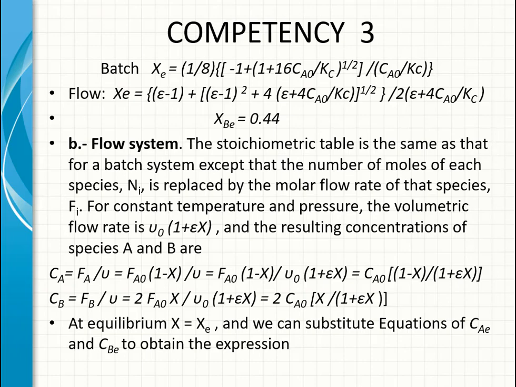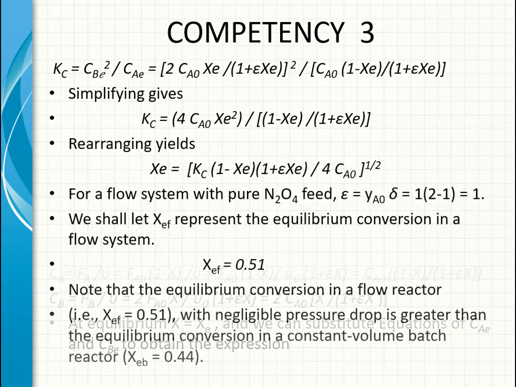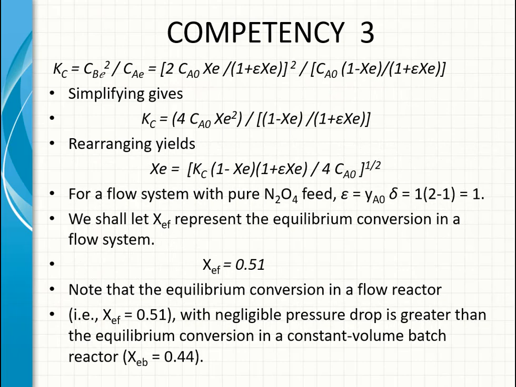And at equilibrium, x equals xe, and we can substitute equations Ca and Cb at equilibrium to obtain the expression that Kc is equal to Cb at equilibrium elevated to the second power divided by the Ca at equilibrium.